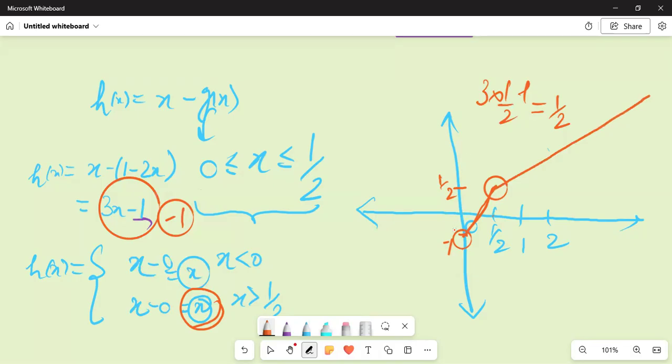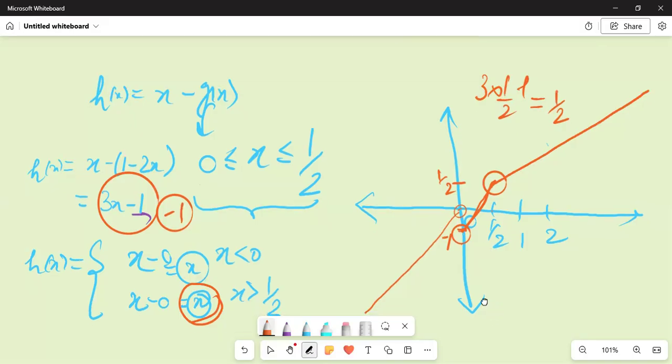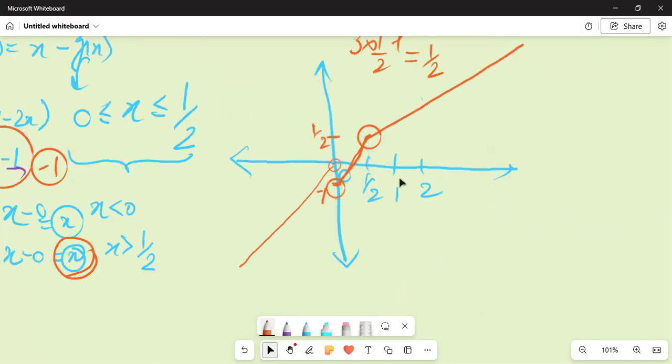And for the points of domain before 0, it is also the identity function. So -1 will get mapped to -1, -2 to -2, and this is the way. But for 0, it will be at -1. So you can see that for the values greater than half, it is taking all the values because it is the identity function there. So identity function is onto.